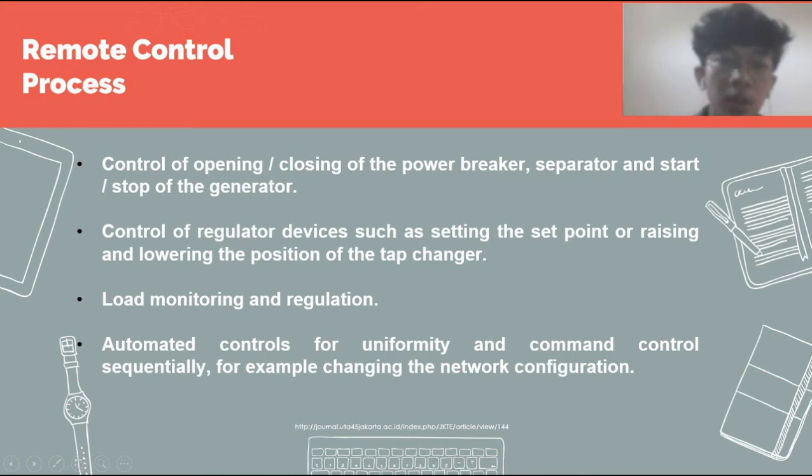Second, control of regulator devices, such as setting the set point or raising and lowering the position of the tap changer. Third, load monitoring and regulation. Fourth, automated control for uniformity and command control sequentially, for example, changing the network configuration.